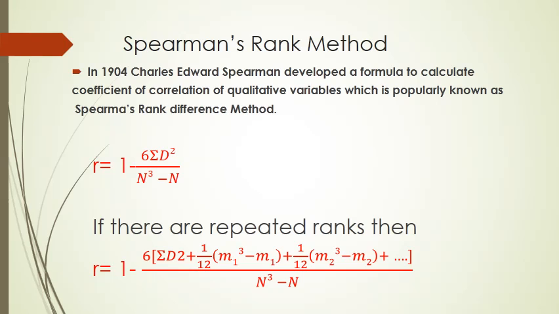So we give ranks. When ranks are given, you have to calculate the difference between ranks. Then you have to calculate the square of the difference of the ranks, that is d square. Then you use that value in the formula and find out the correlation.